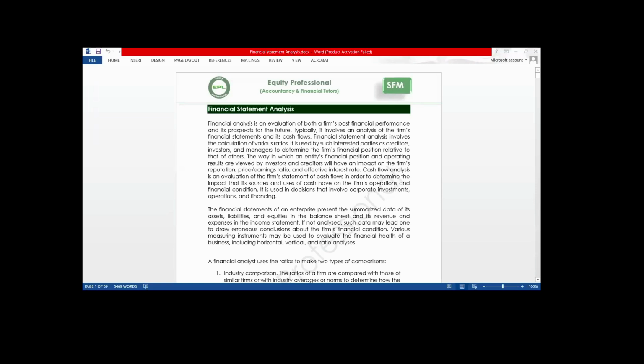What the examiner is trying to test is your knowledge of accounting principles. Remember the double entry principle. For every debit entry, there must be a corresponding credit entry.